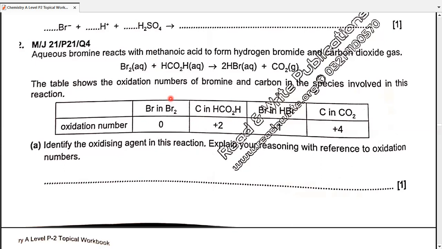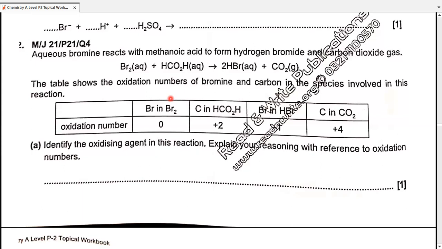Explain your reasoning with reference to oxidation numbers. Bromine is acting as an oxidizing agent since it's getting reduced; the oxidation number goes from 0 to -1, and for carbon the oxidation number increases from +2 to +4.